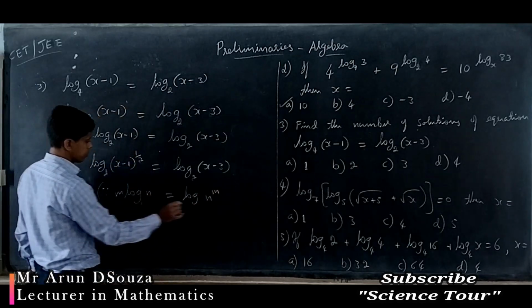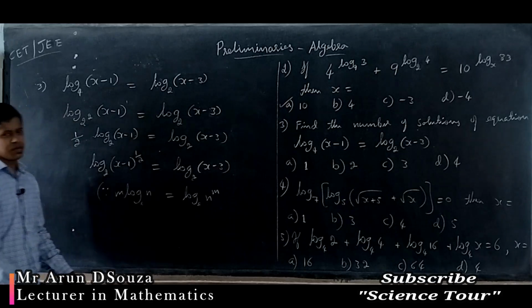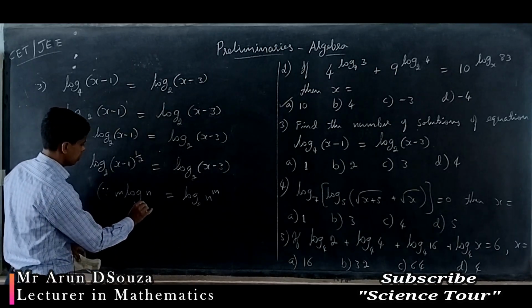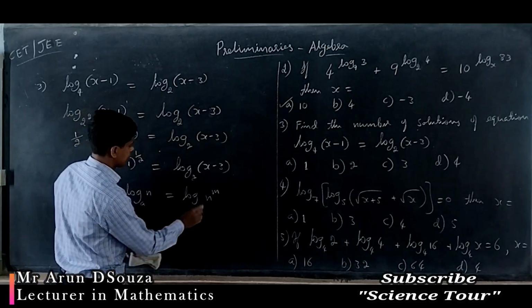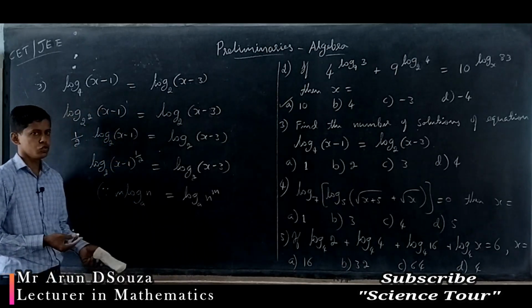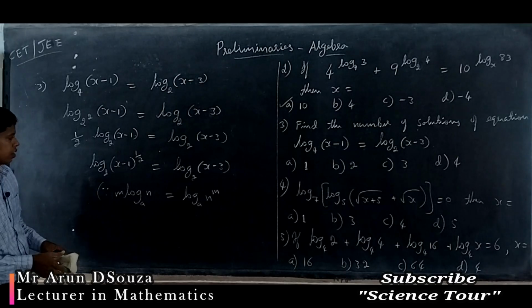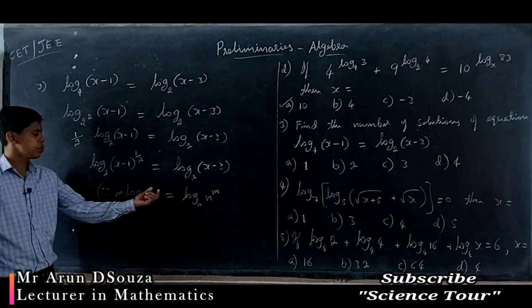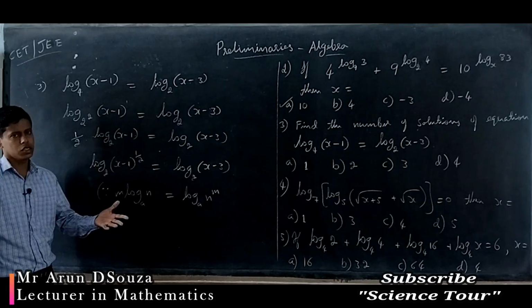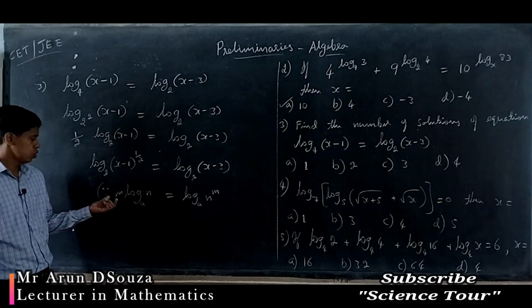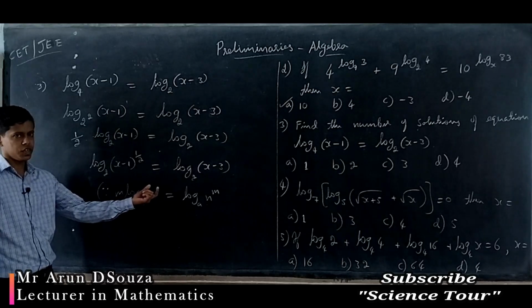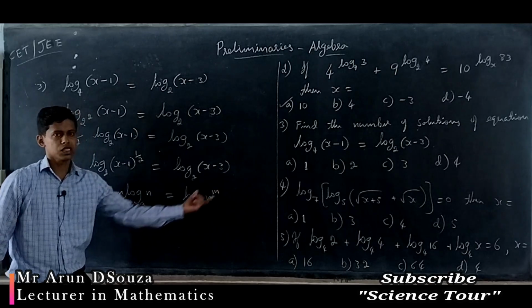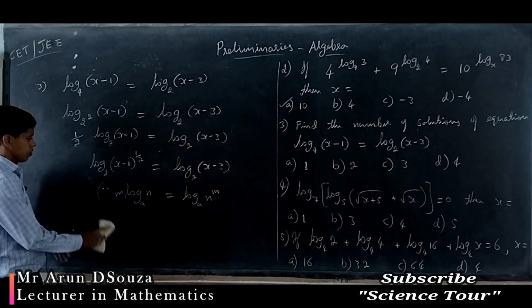The base, let me write e. Base can be anything, or let me write it in general, just a. It can be e, 10, 2, 5, whatever. So if you have anything before log, it goes as the power. That's the logic you remember. You can shift it, promote it, give it a higher position, make it a power. In whatever way you remember, fine.